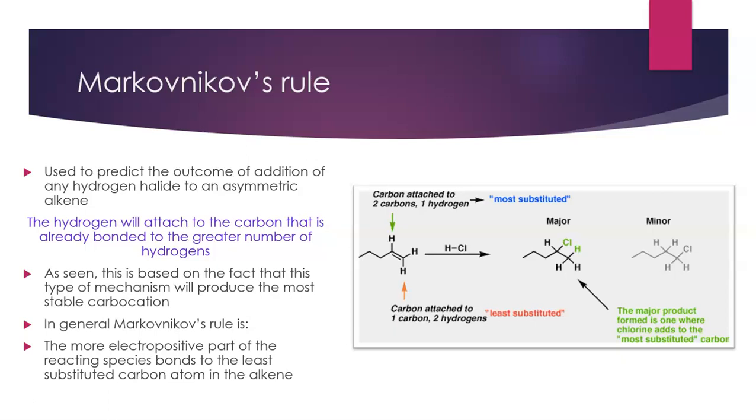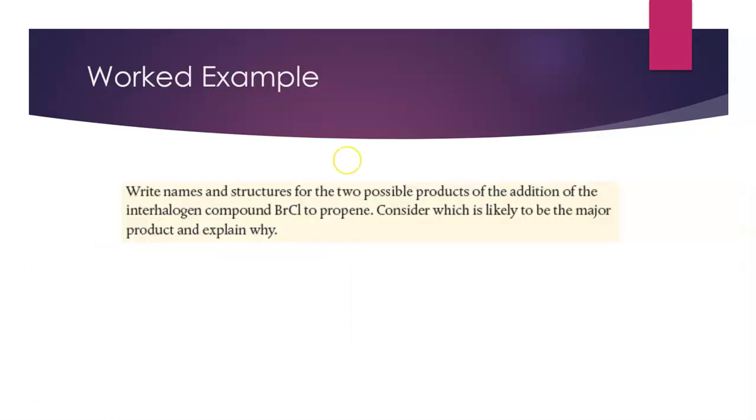The whole of Markovnikov's rule is based on the fact that this type of mechanism will produce the most stable carbocation. So the more electropositive part of the reacting species bonds to the least substituted atom in the alkene. If we've got a delta plus, delta minus in our molecule, then the delta plus will bond initially to the least substituted carbon, leaving the most substituted to be the carbocation.